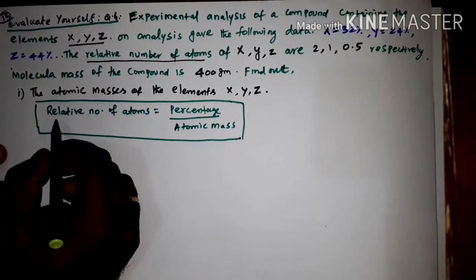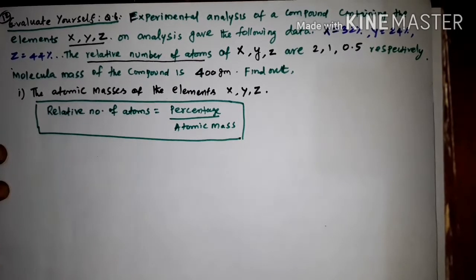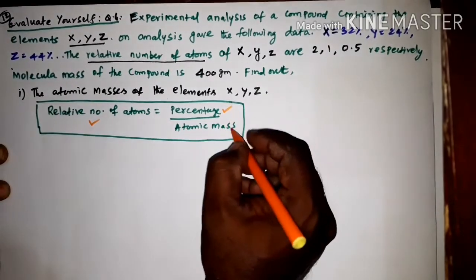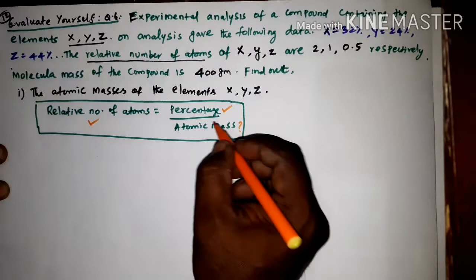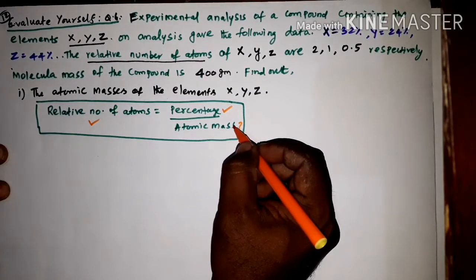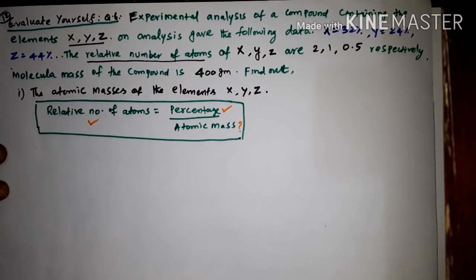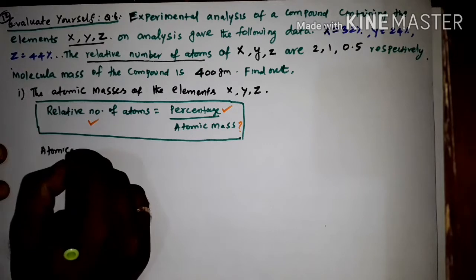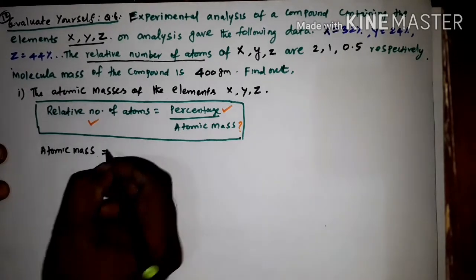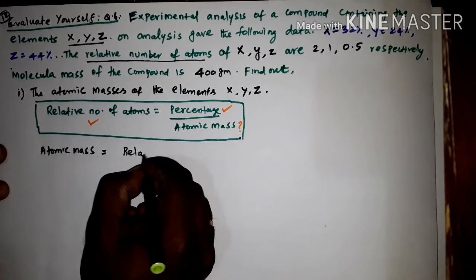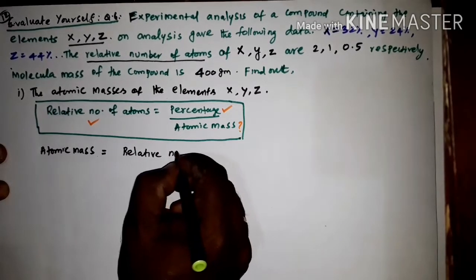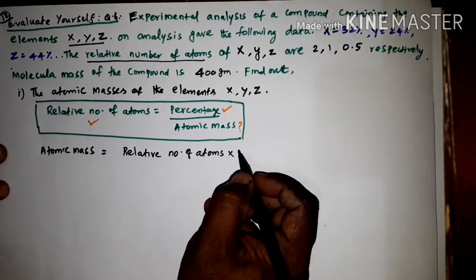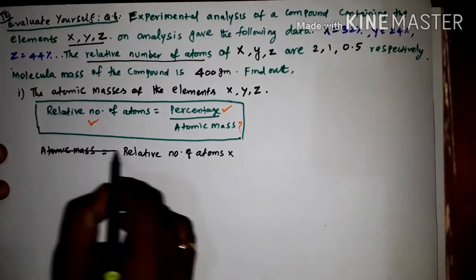See, here in the question the relative number of atoms is given. This is given and this is given. You are going to calculate the atomic mass. So what will be the formula to calculate atomic mass? Atomic mass equals relative number of atoms into, wrong formula.